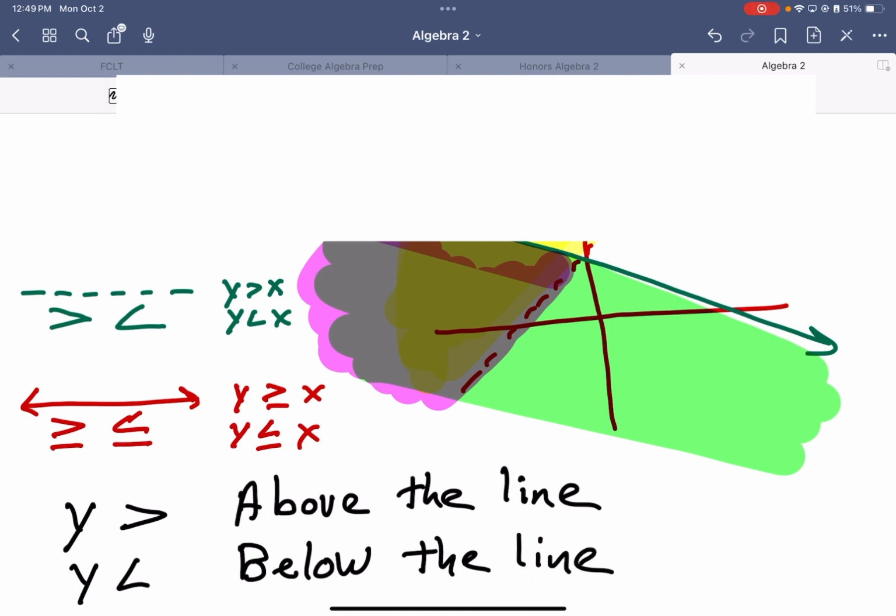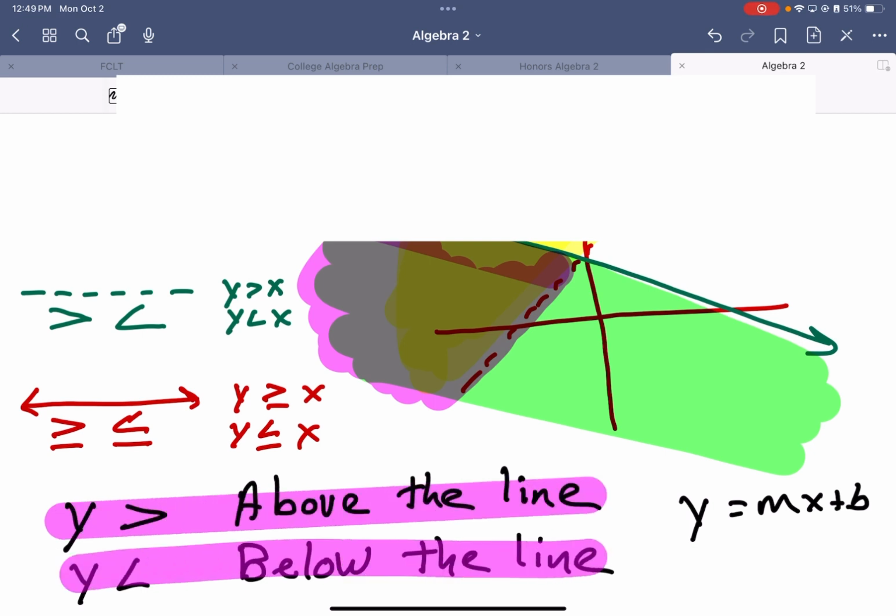Now, it's very key that it's in slope-intercept form, where you have it in the form y equals mx plus b, with the inequality sign instead of an equal sign. This rule really only works if you're in that form.